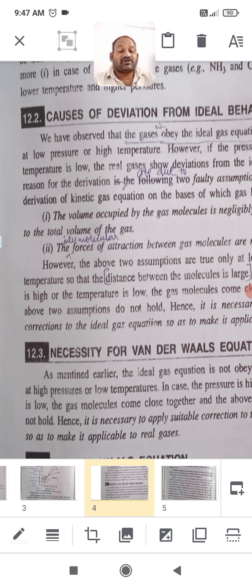Van der Waals equation. As mentioned earlier, the ideal gas equation is not obeyed by real gases at high pressure or low temperature.